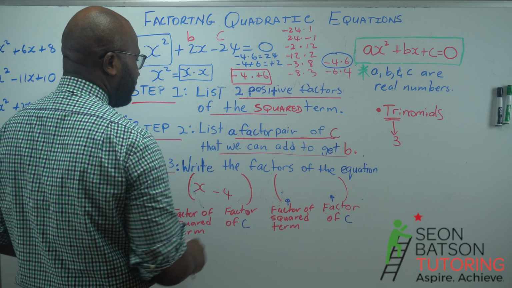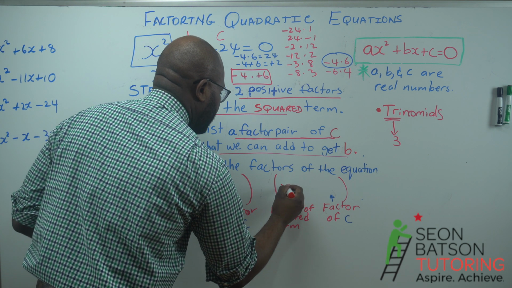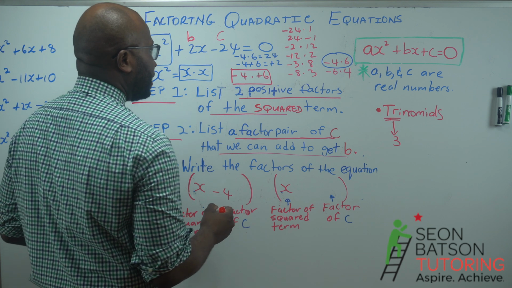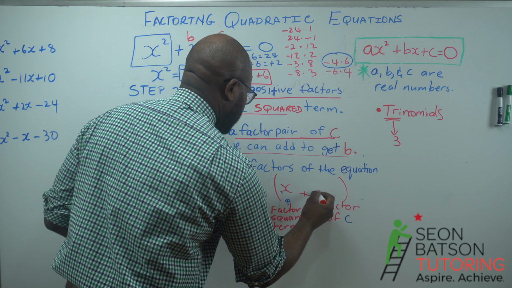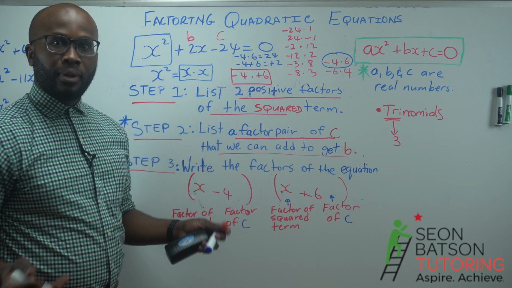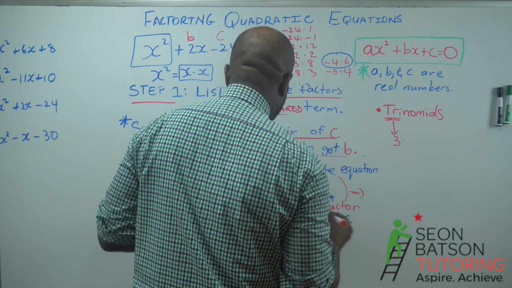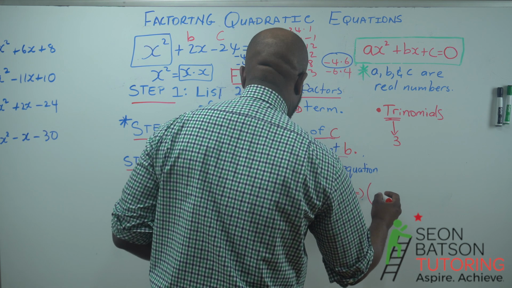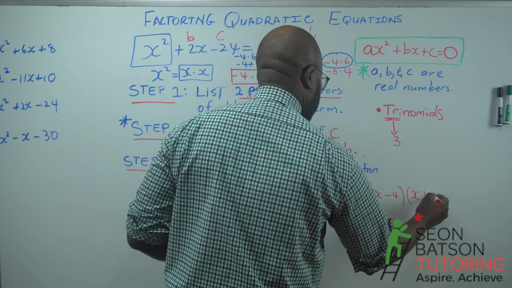Now, for the second factor of the equation, we will use what? The second x, or the second factor of the squared term, and the second factor of negative 24, which is positive 6. And we're done. So the factors of this equation are x minus 4 and x plus 6.